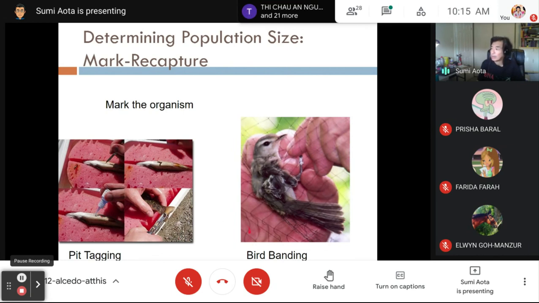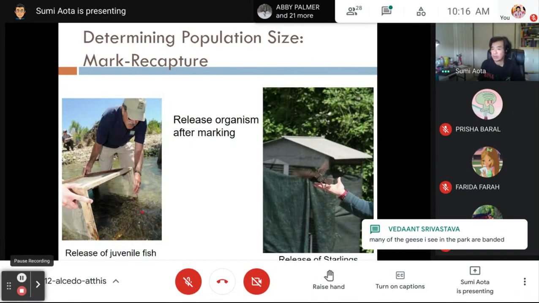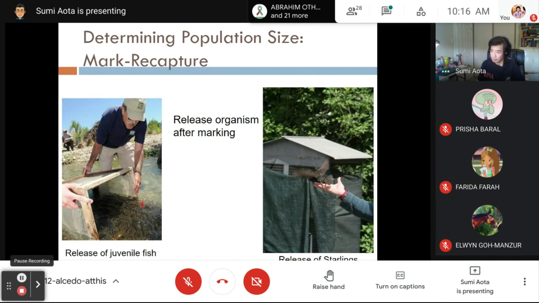If you're bird banding, what you would then do is take just a small metal band and put it around the leg of the animal and then release the organism. In the case of juvenile fish, you just re-release them basically in the area that you captured them. Same thing with the starlings or birds. You're going to release them in the area that you caught them.